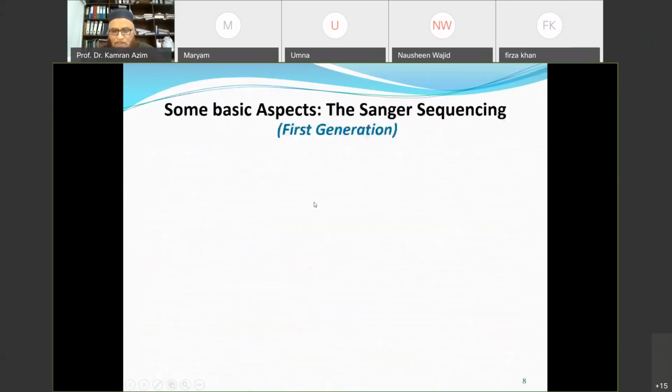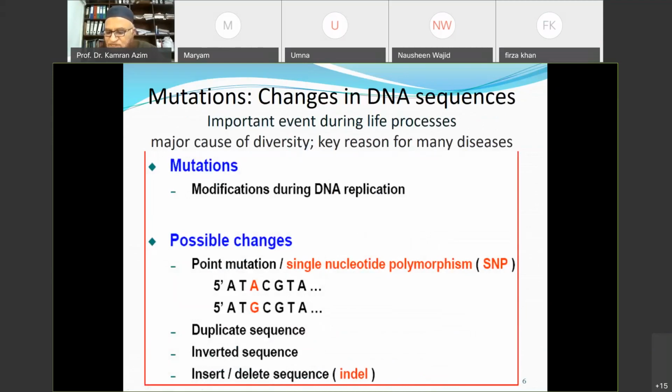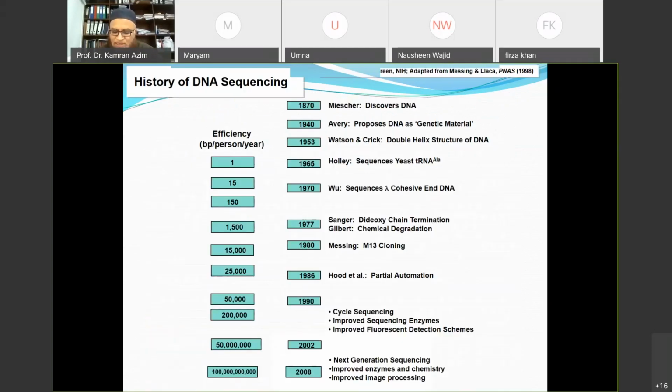Okay. Now, because the sequence of DNA is important, and because the mutation is important, and because determining the mutation in the DNA sequence experimentally is important for many reasons in genomics, this is the reason it is important to do DNA sequencing, to determine the DNA sequence experimentally in the lab. So there were a lot of experiments, a lot of efforts carried out in order to devise methods for DNA sequencing.